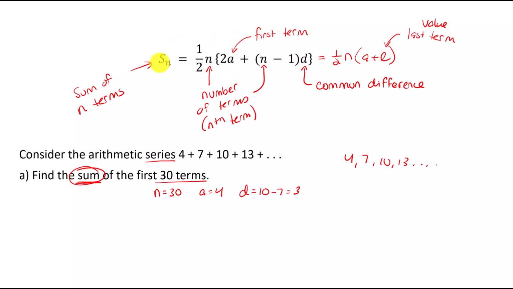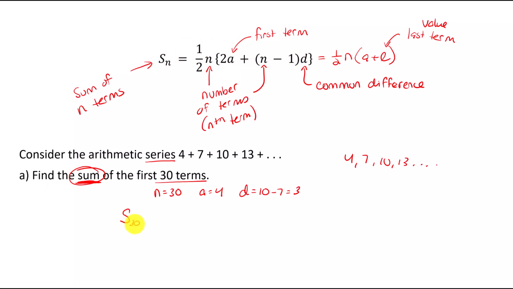I stress that because we're going to put all of this together, and you're going to have to determine whether you are using a sum formula or your u sub n formula from before to find an nth term when we are not given a sum. So pay attention to the fact that we are talking about a sum here. We're going to use this formula and plug in what we know. We don't know the sum, so we're trying to find that, but we do know n is 30.